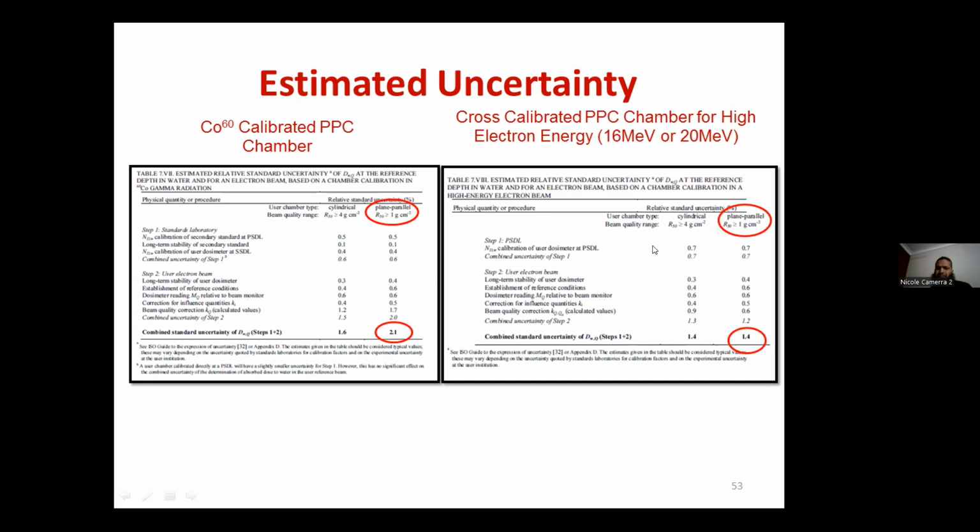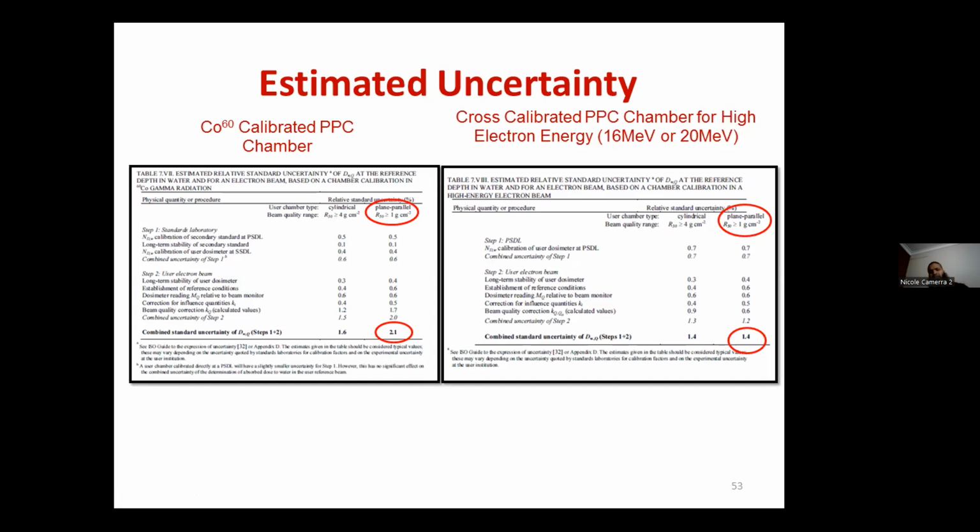The third bit which we discussed here is the direct beam calibration. It is not available at the moment, but recently in Australia they have started it. They are running multiple chambers and trying to establish a standard.